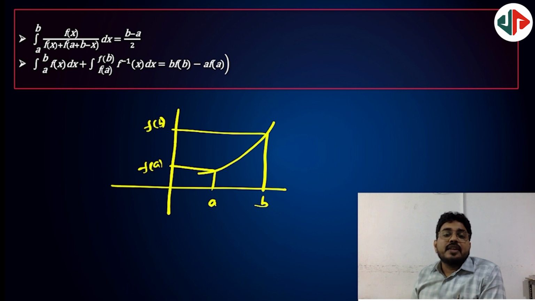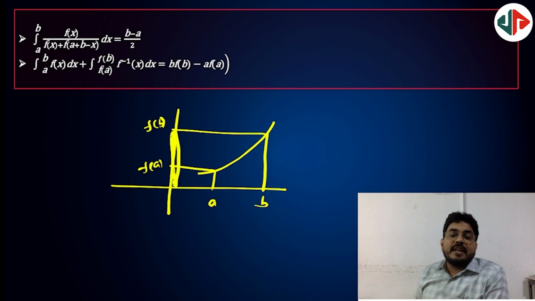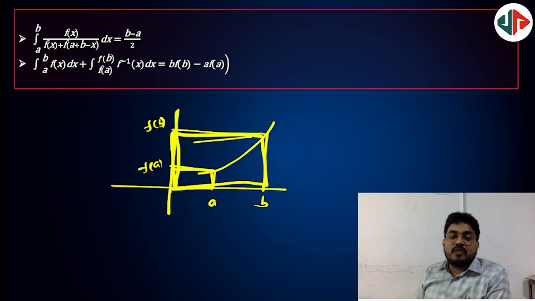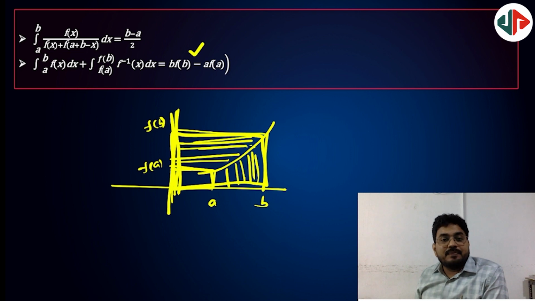This area will be equal to b into f of b, so total area minus this area. With respect to the y-axis, this area plus this area, you are going to get this one.